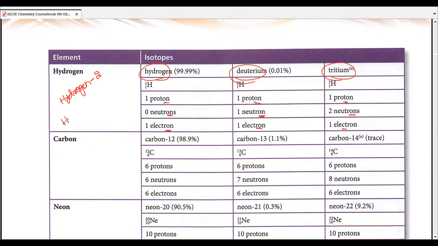Or we can write it like this: hydrogen 1, hydrogen 2, or hydrogen 3 for respectively the first, second, and third isotope. Or we may write it like this: H1, H2, H3, or H11, H21, or H31, like written over here. So these are all the ways to depict an isotope.